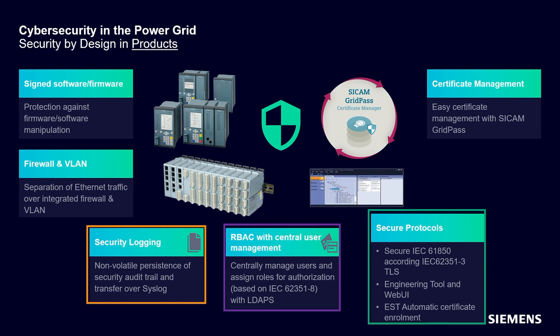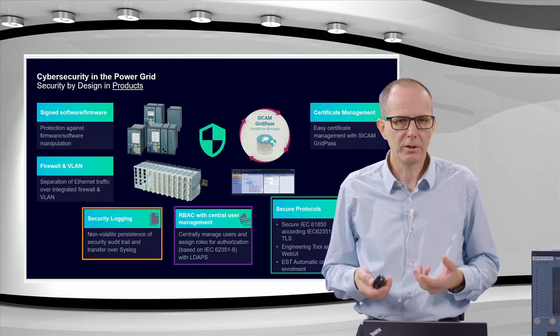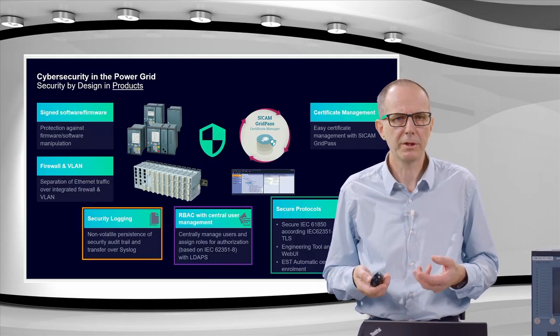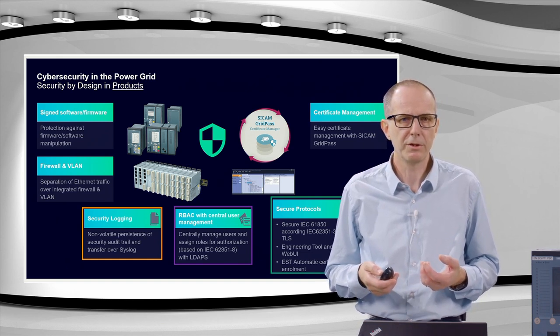And we at Siemens make it easy with the tool SICAM GridPass to manage the secure keys with certificates. In summary, with the secure substation, we have seen that the protection device has to interact with other IT components. This is important for the engineer to understand regarding the cybersecurity features in the device.